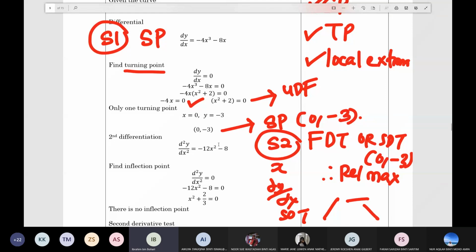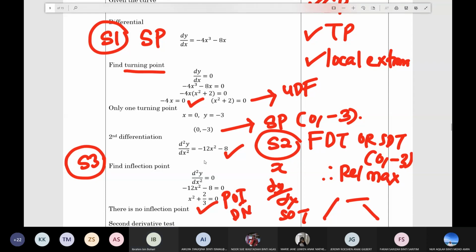And step 3, find the inflection point. Okay. The second derivative here equals to negative 12x squared minus 8. And you let the second derivative here equal to 0. So the inflection point here equals to the square root of negative. So this one, inflection point does not exist.